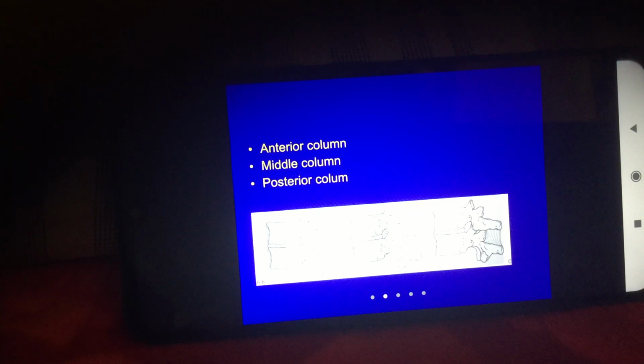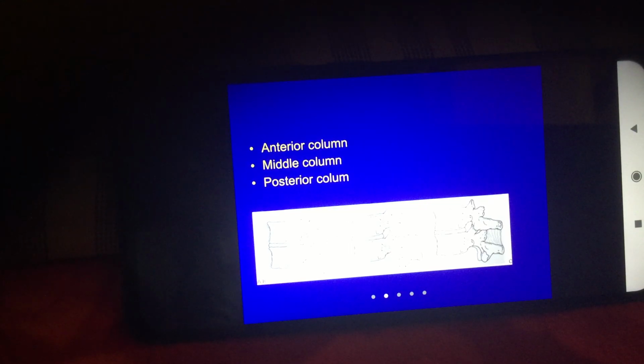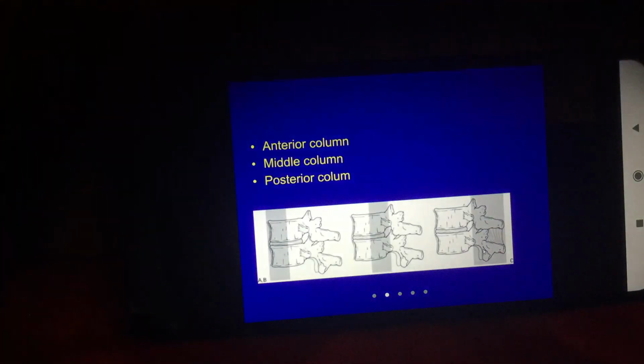And a part of the pedicle is also in the middle column. But the posterior elements, including a greater part of the pedicle, the lamina, transverse process, spinous process, and facet joint, are all in the posterior column. Ligamentum flavum is also in the posterior column.